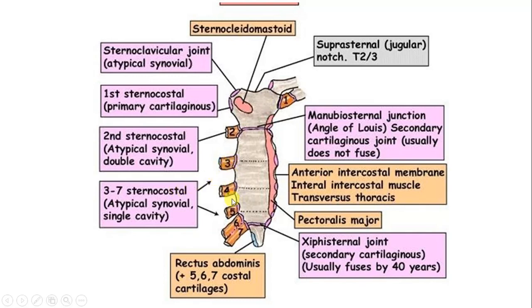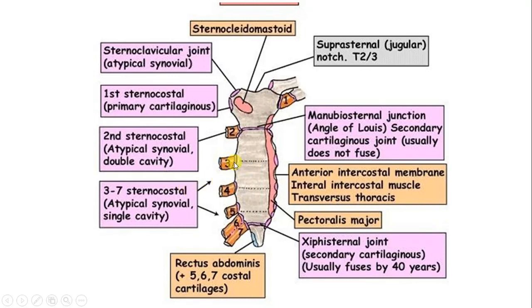But the third to seventh joints are atypical synovial with a single cavity. Atypical synovial because these joints are between the costal cartilages and the body of the sternum. That means that one part is cartilaginous, the other is the bony part. So actually, it is not a sternocostal joint.